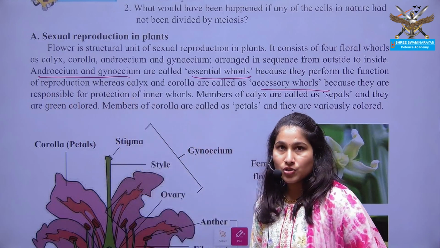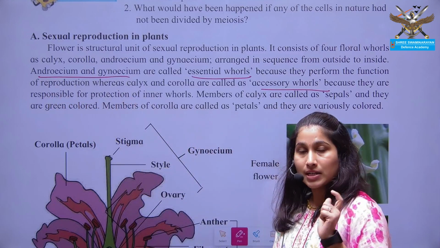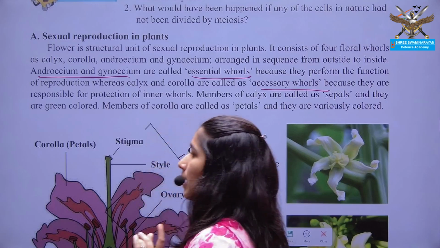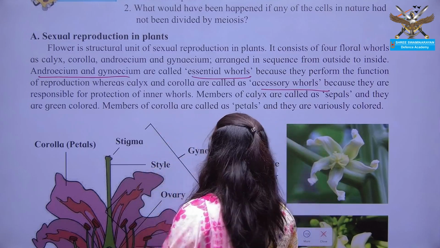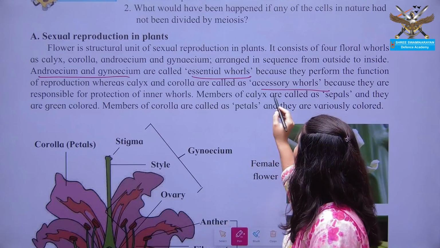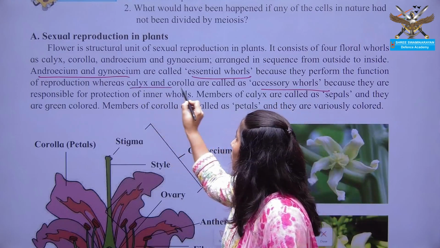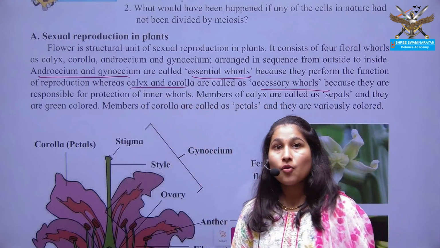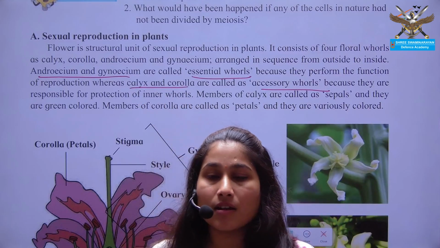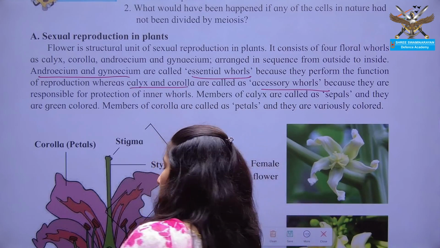Androecium and gynoecium. As androecium and gynoecium are involved in sexual reproduction in plants, they are known as the essential whorls. And why are calyx and corolla known as accessory whorls? Because they are just supporting the process of reproduction.